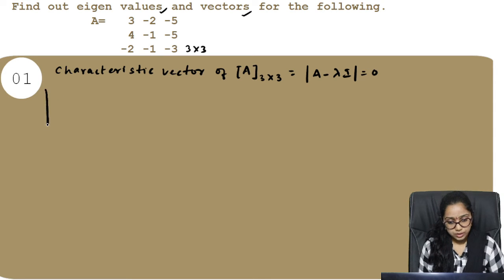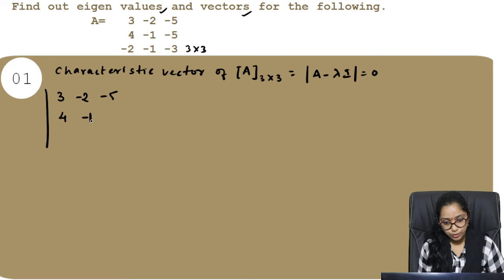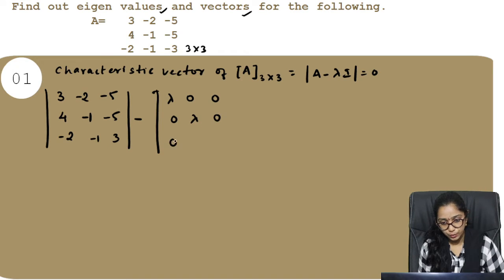Then det(A − λI) is the matrix with rows 3, −2, −5; 4, −1, −5; −2, −1, 3, minus λ times the identity matrix with λ on the diagonal.